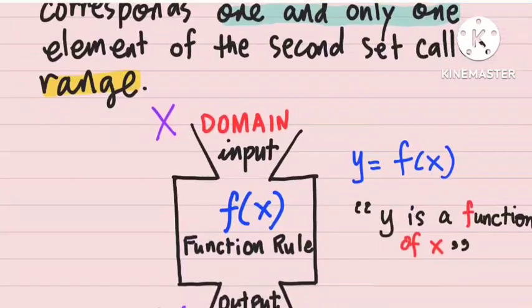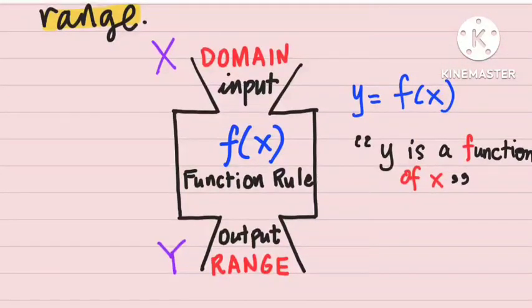So we have here an illustration. It's like we have a machine, and what we do here is we input some value, and when we input a value, it will undergo a process. It's like it will follow some rule. What should happen to the input?